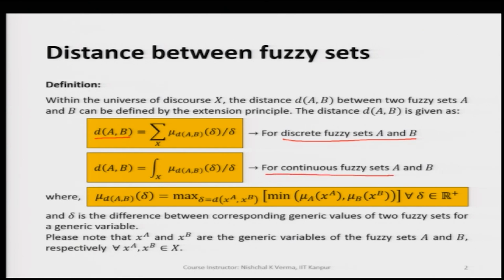The membership value can be calculated by this formulation, and these membership values are for respective delta values. Since we have already explained enough in my previous lecture, let us now directly go to the example.